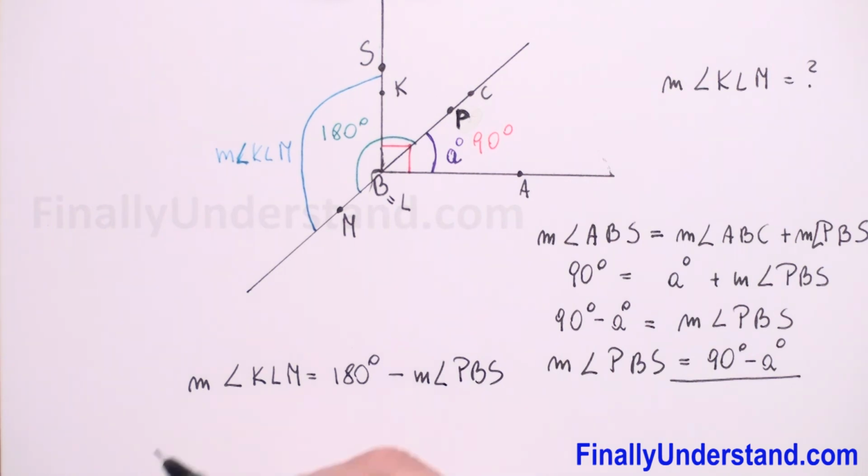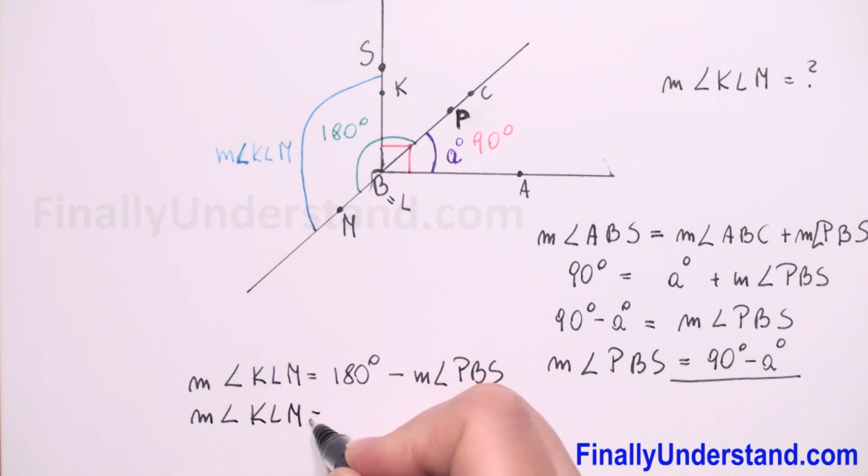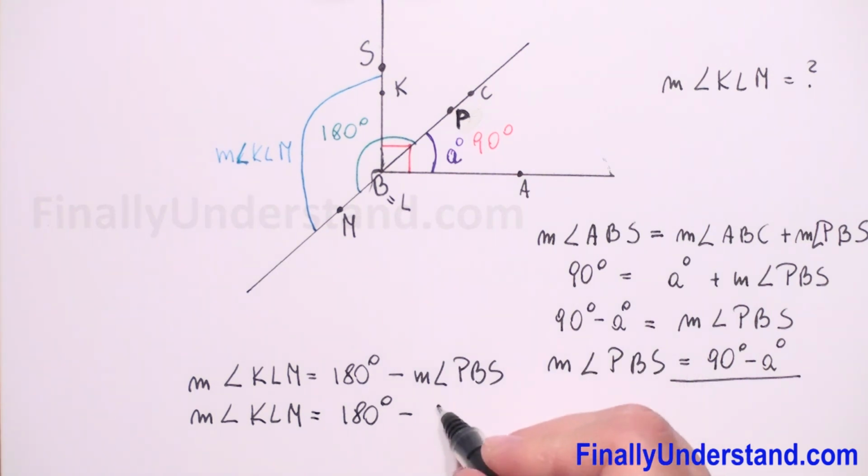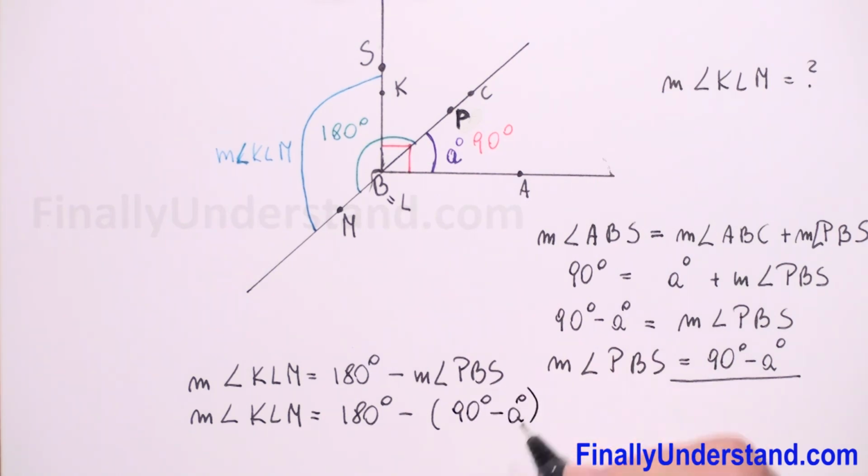So the measure of angle KLM is equal to 180 degrees minus the measure of angle PBS, which we just found. Let's put it in parentheses because we have a negative sign before this expression: 90 degrees minus 8 degrees.